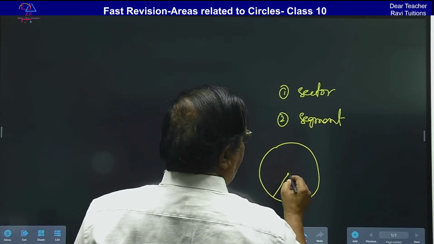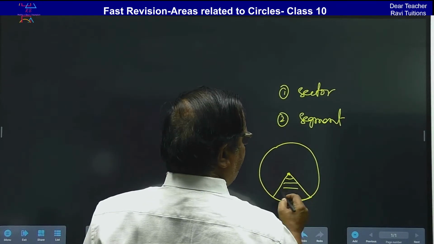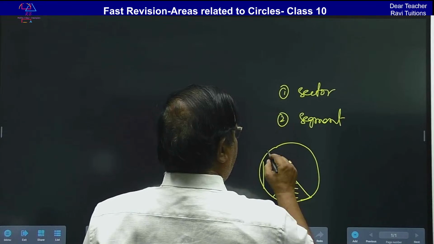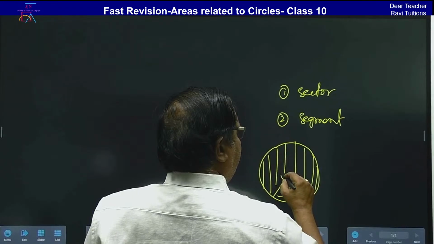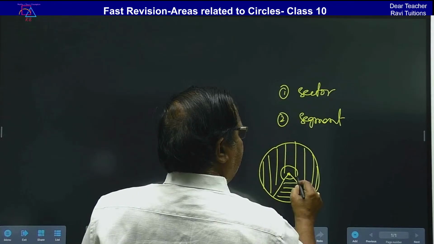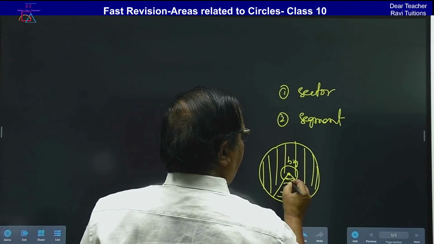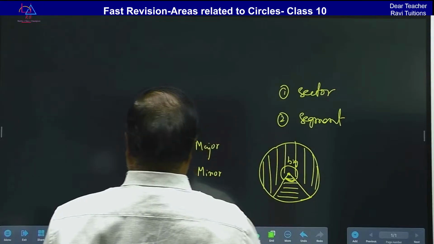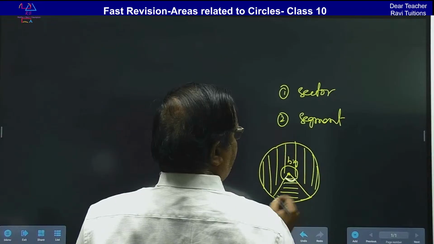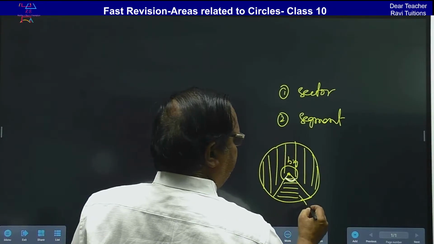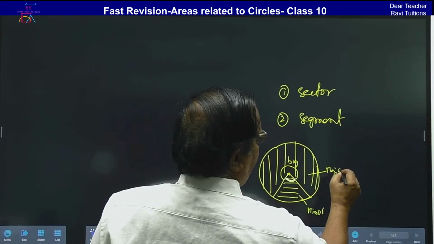If the angle is less than 180, this is one sector and this is another sector. The major sector angle is bigger and the minor sector angle is smaller. This is a minor sector and this is a major sector.